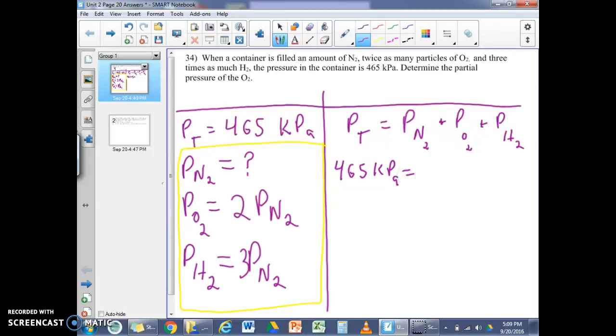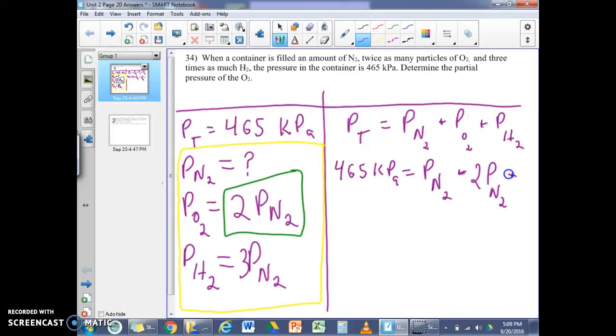Okay, and that equals my pressure of the nitrogen. I do not know what that is, so I'm just going to keep that P of N2. Now pressure of the oxygen, again, I don't know what that is, but I know that it's twice the nitrogen, so I can substitute this in. Instead of writing PO2, we can plug in that the PO2 is equal to 2 times P of the N2.